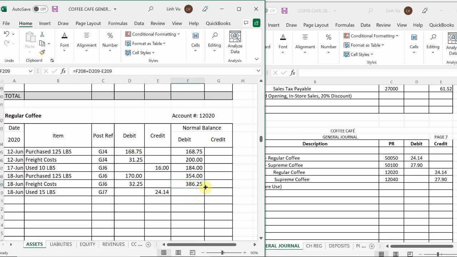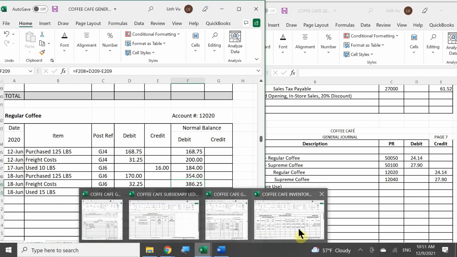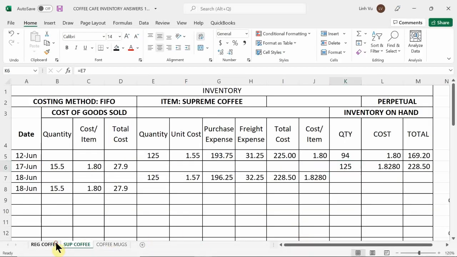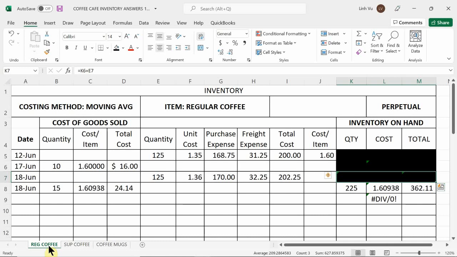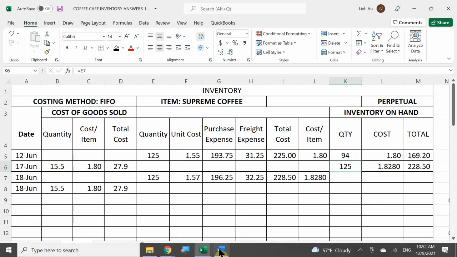Which should bring my account balance down to $362.11. And does that match my inventory worksheet? Yes, it does, 362.11.